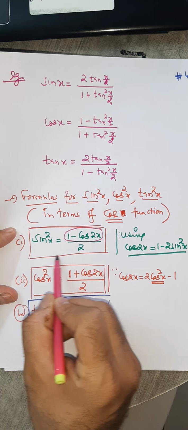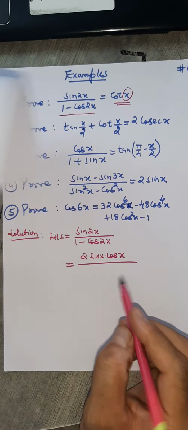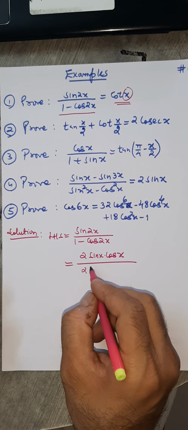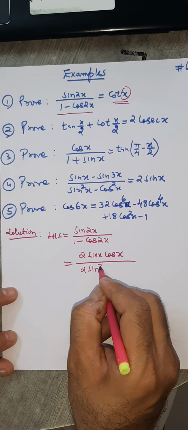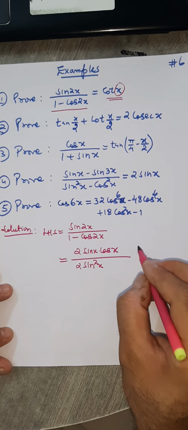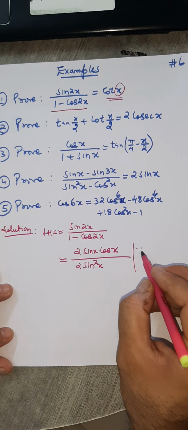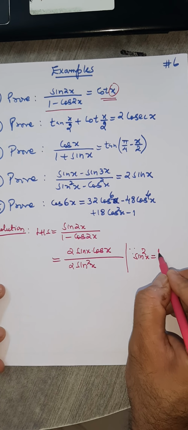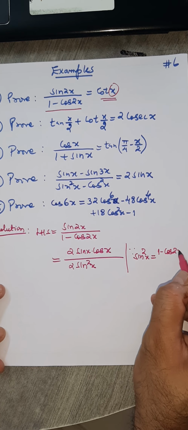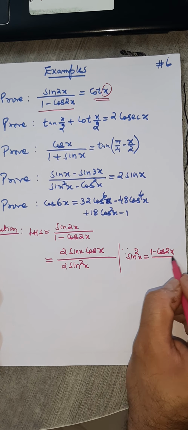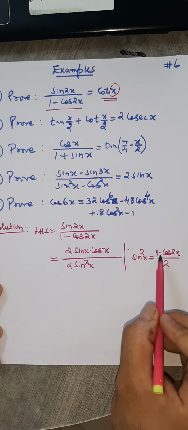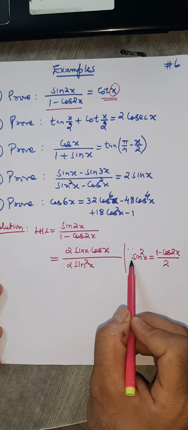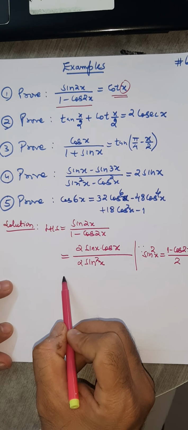So I can write here 2 sine square x. Just for your information, I'm writing the formula here. You know sine square x equals 1 minus cosine 2x the whole by 2. So what is 1 minus cos 2x? 2 sine square x.